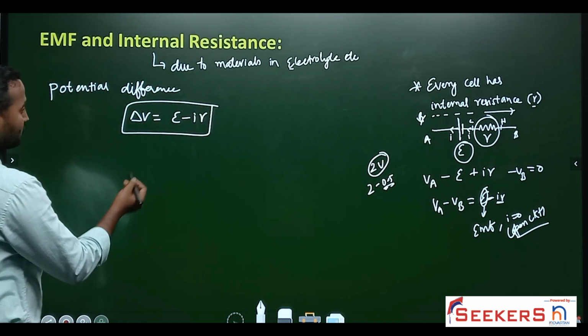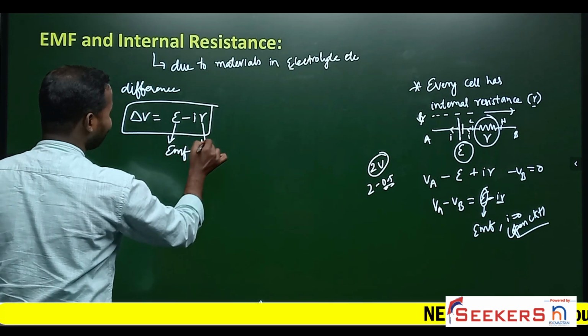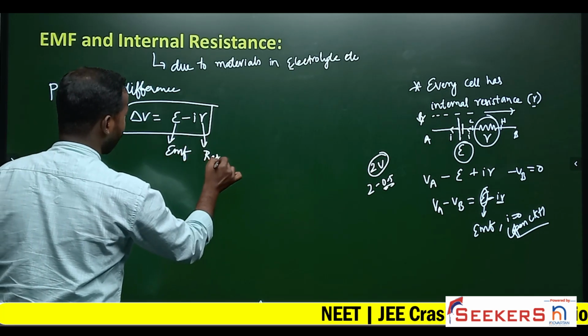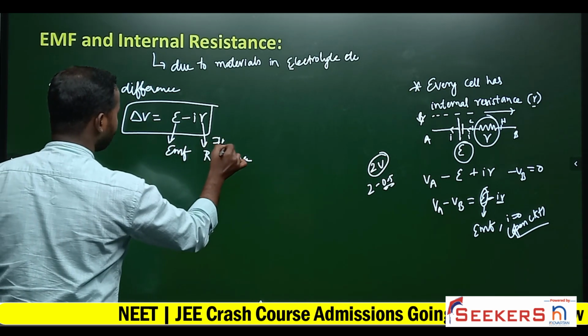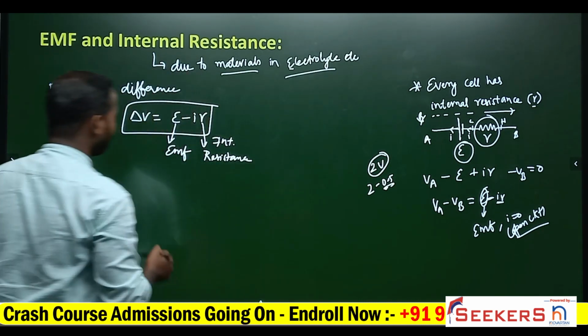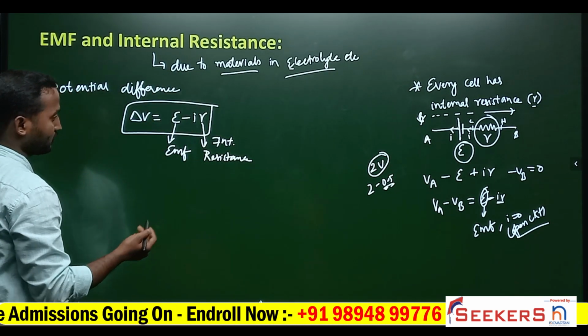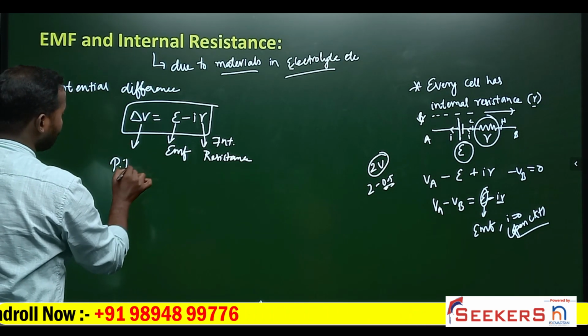So this is the difference. This is what is called EMF, where R is the internal resistance offered by the cell, and that is because of the materials of the electrolyte used in cell preparation. So delta V is nothing but a potential difference.